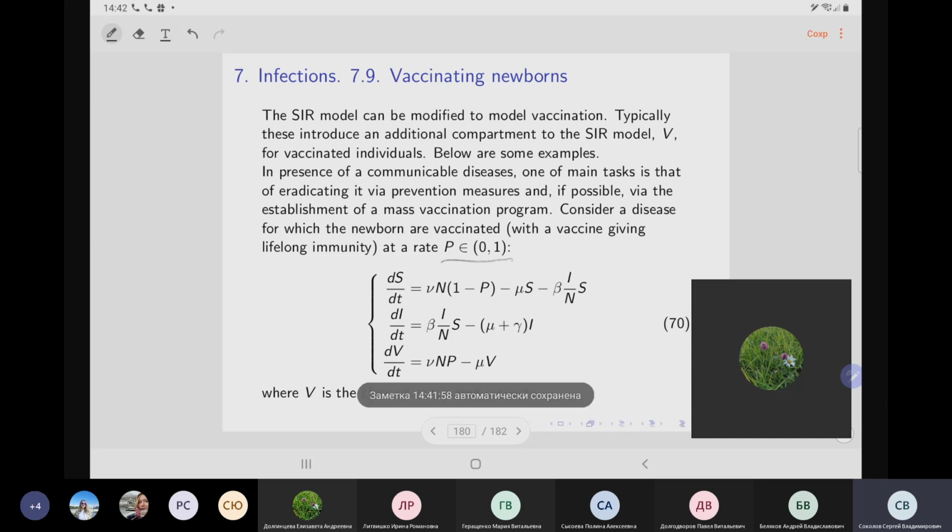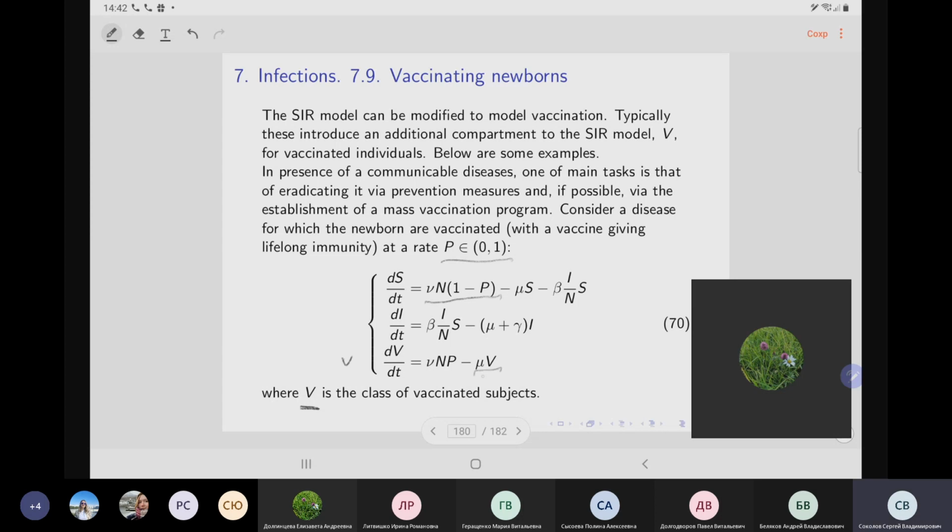So there is the new V class, the class of vaccinated, and we add this vaccinated class. So the higher is P, the smaller will be this addition to our susceptibles.